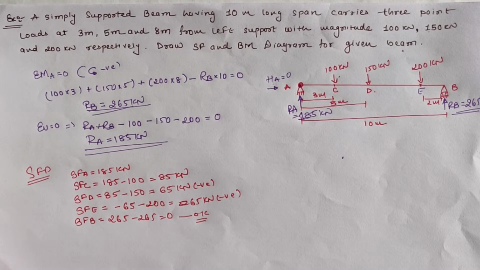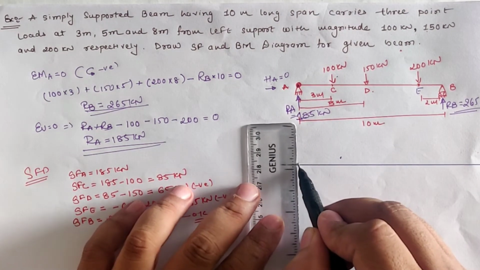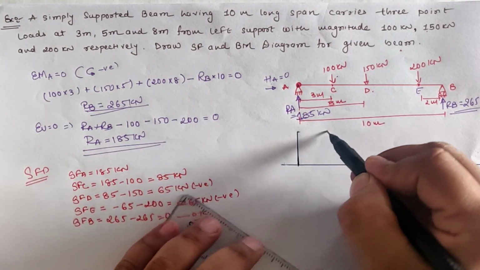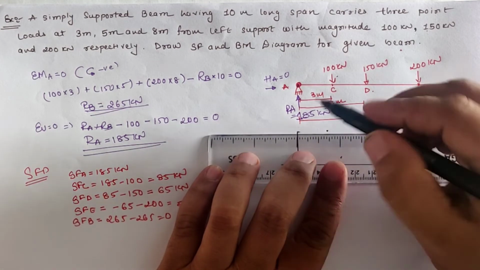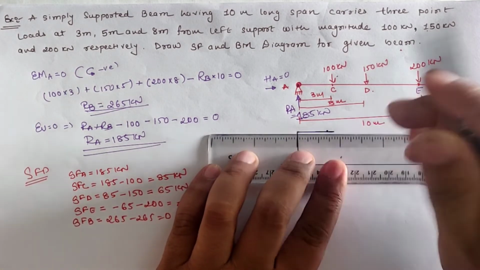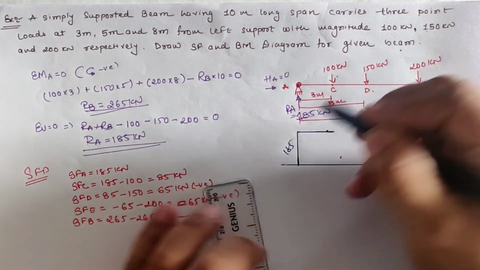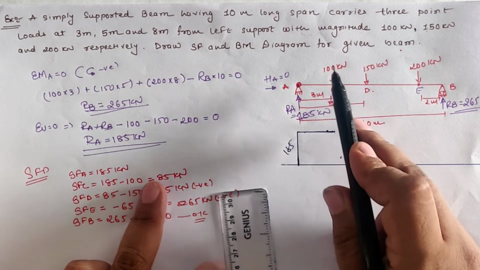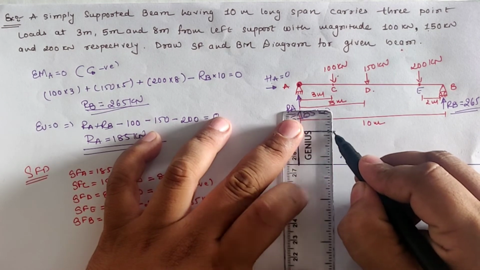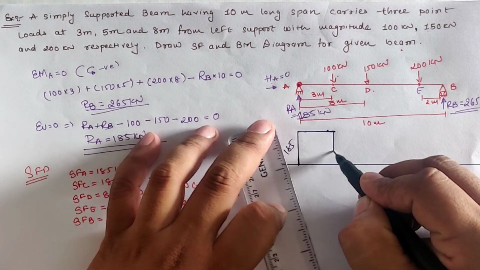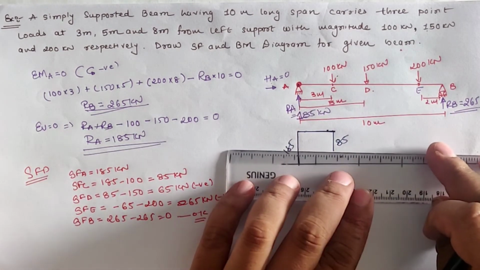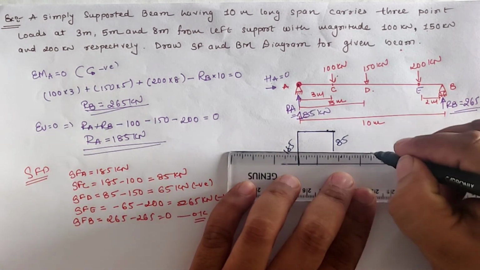Now plotting these values in the shear force diagram, we have at location A upward 185. Now from A to C there isn't any point load, hence the diagram is a horizontal straight line. Now at location C, 185 minus 100, so it is 85. From C to D there isn't any load, hence a horizontal straight line.